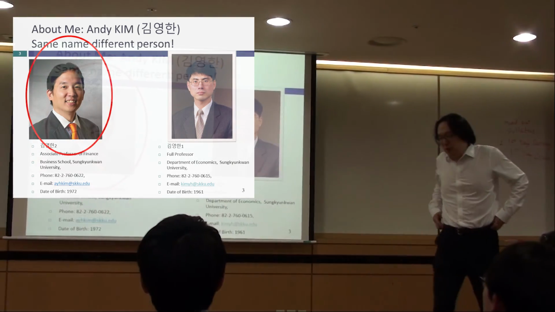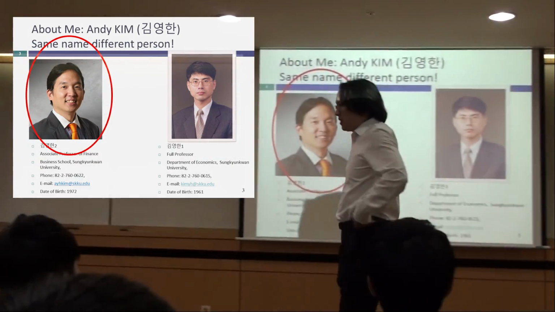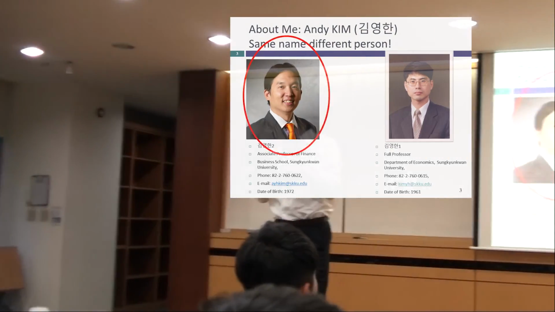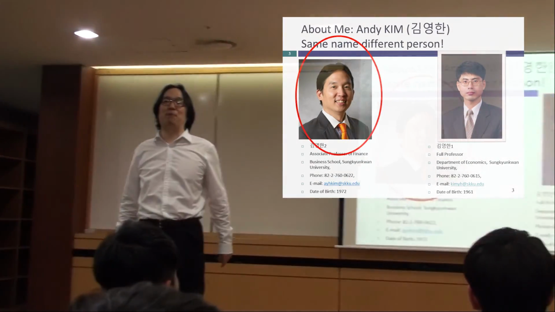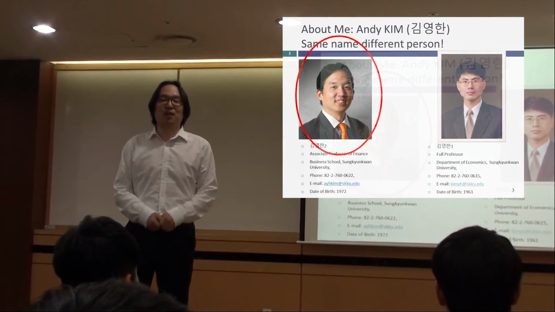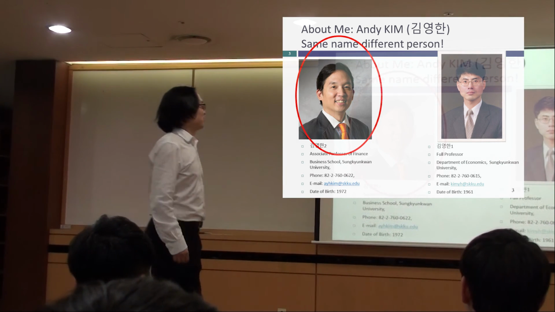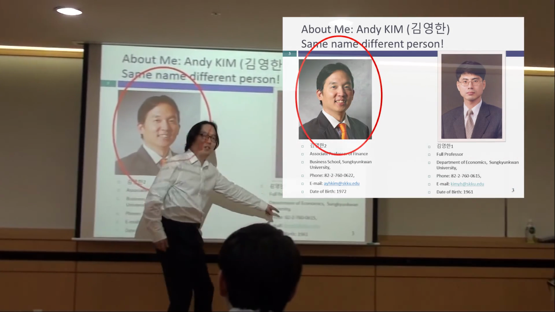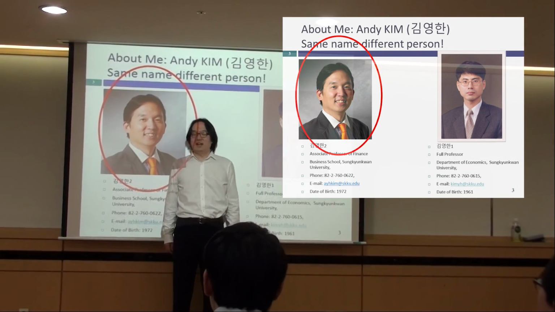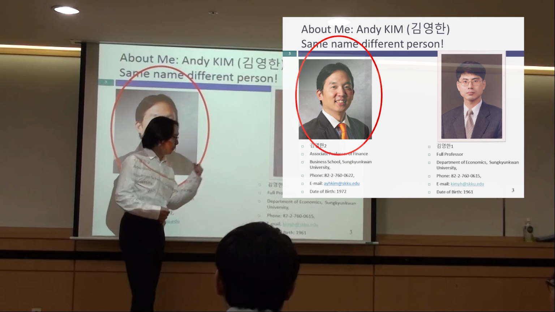One more part of my introduction is that there is a same-named professor in the economics department, Kim Young-han 교수님. Kim Young-han Senior, Kim Young-han Junior, right? He's about 11 years older than me. He's a great guy. I respect him.